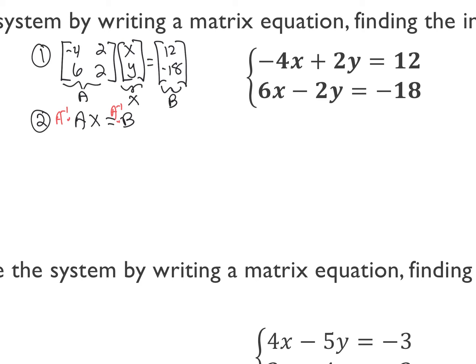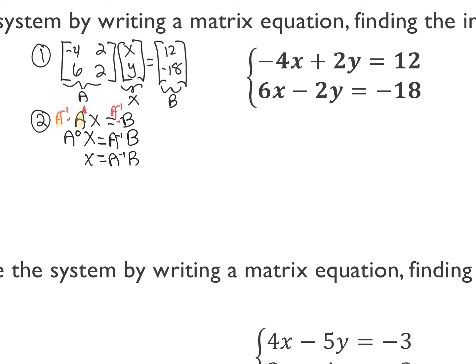We have the same base A, and the exponent of matrix A is just 1. So what do you do with your exponents if you have the same base and you're multiplying? Hopefully you recognize you add. So this would be like A to the 0 power times x equals A inverse B. And anything to the 0 power is 1. So x would equal A inverse B.